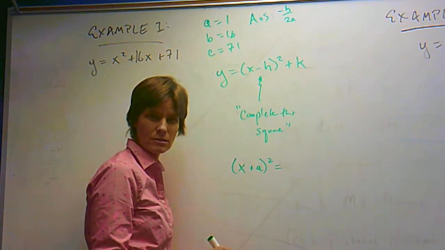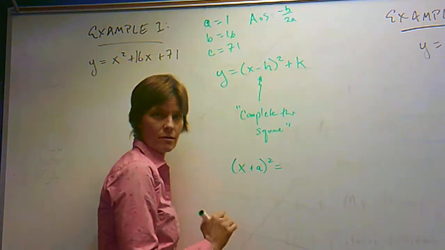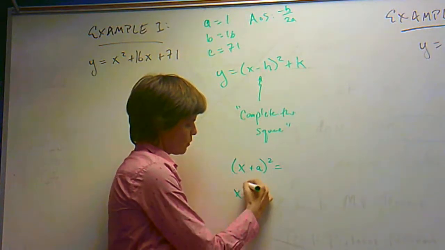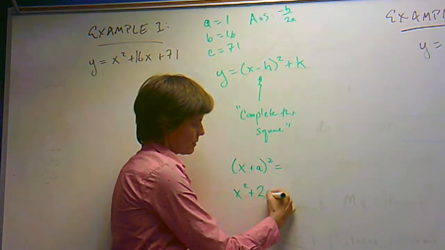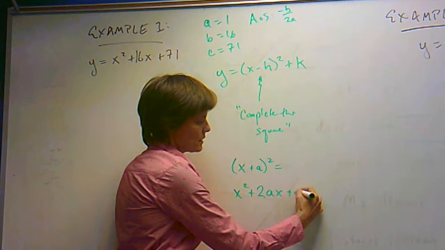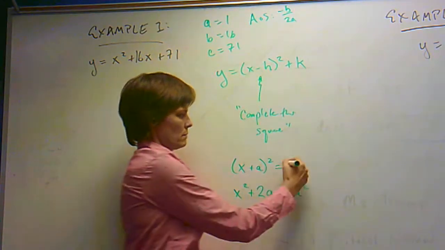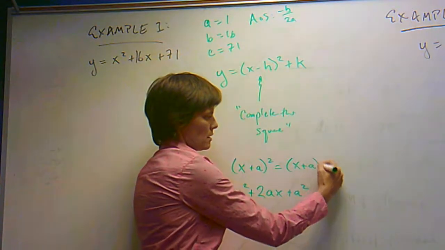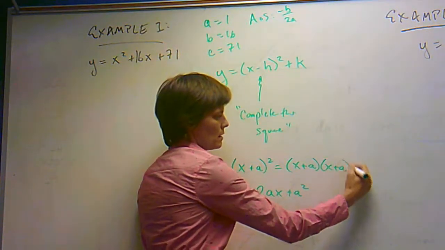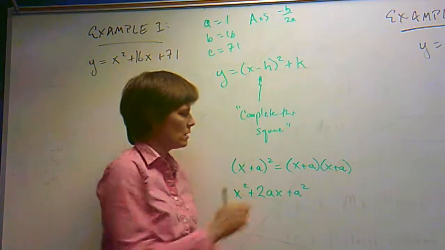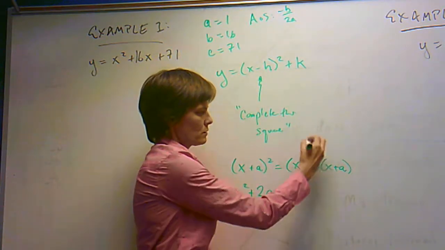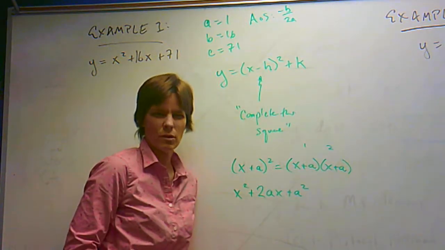First, outer, inner, last. Remember it's the distributive property on steroids. You end up with x squared plus 2ax plus a squared. So x plus a times x plus a. Does this make sense? The square symbol means we do this twice.